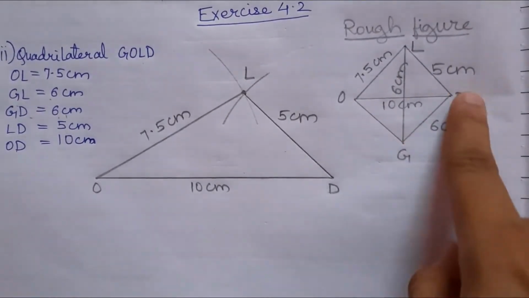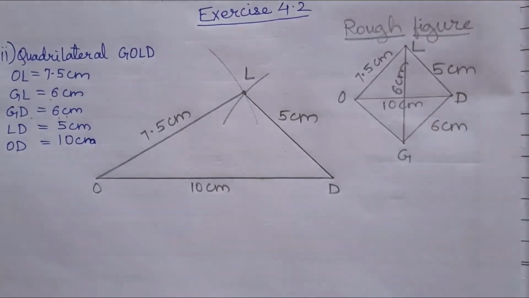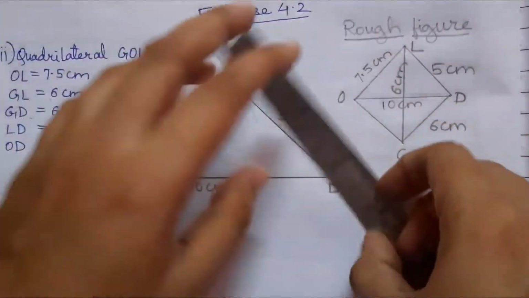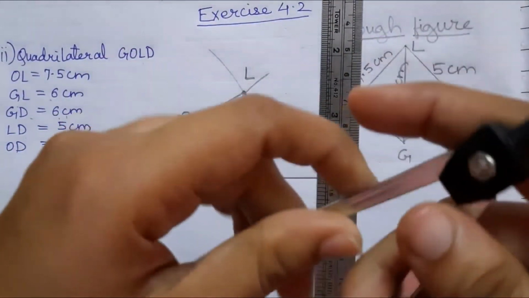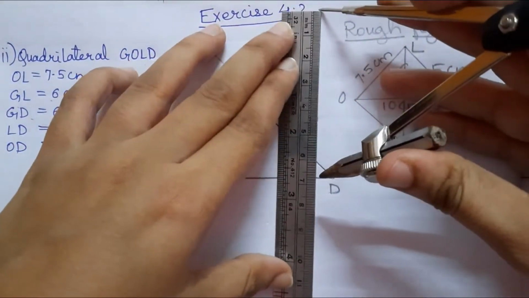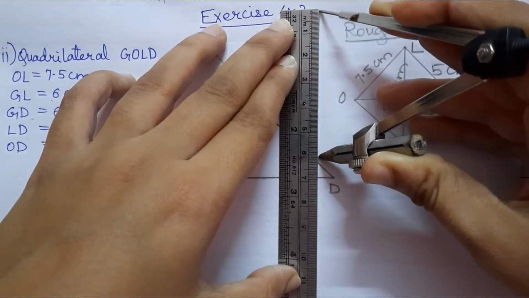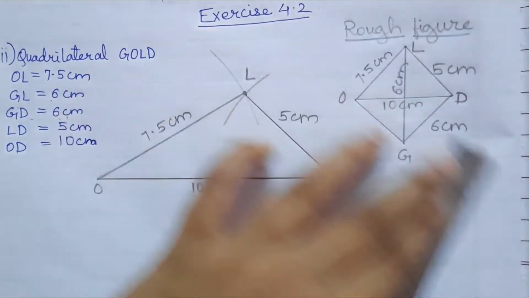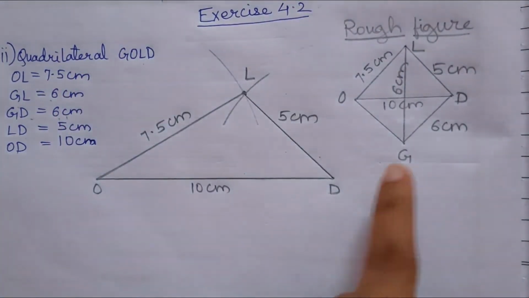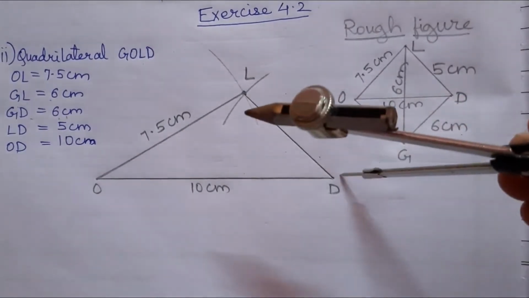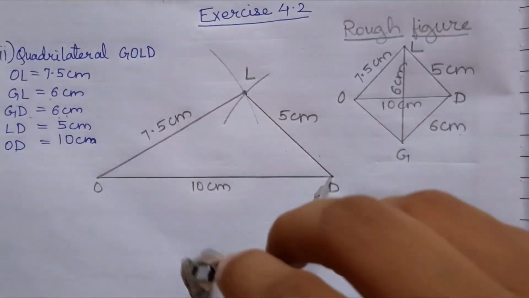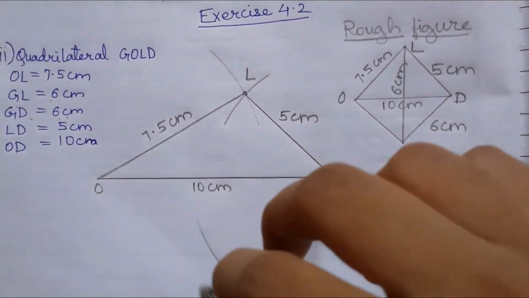So here we have this side GD, which is 6 centimeter. So we will take 6 centimeter on our compass. So this is 6 centimeter. Now DG is 6 centimeter. So we will keep the compass pointer on D and draw an arc here.